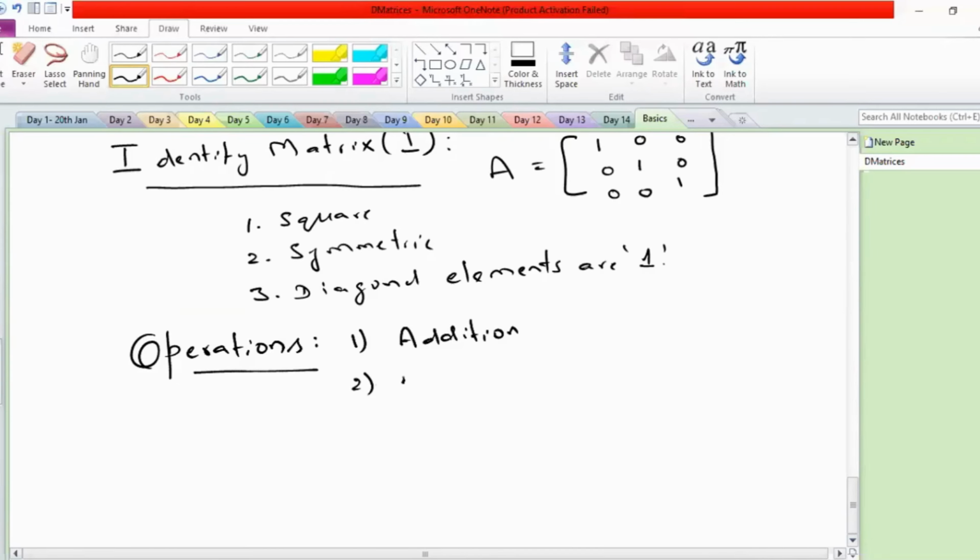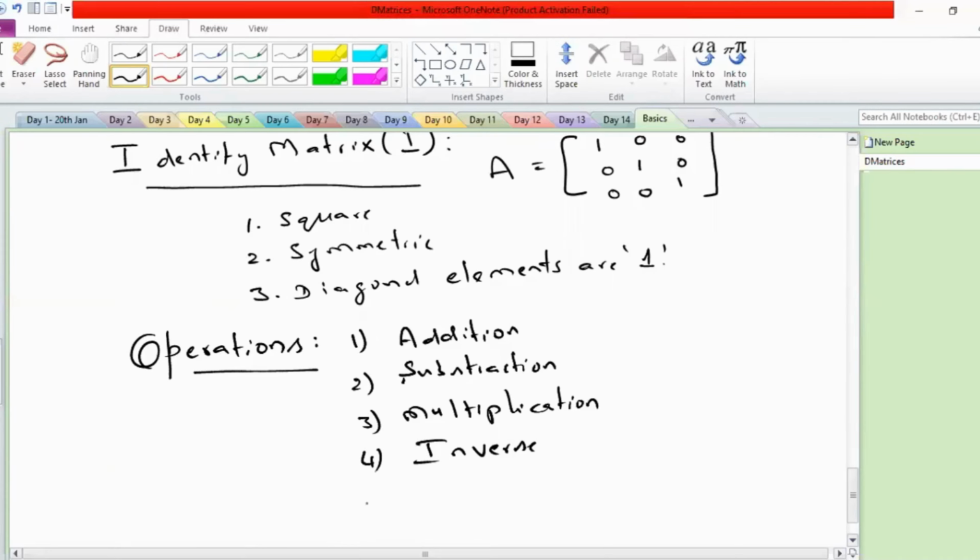Two, subtraction. Three, multiplication. Fourth, you can do inverse. Fifth, division is not possible. Please remember and store it in your mind.